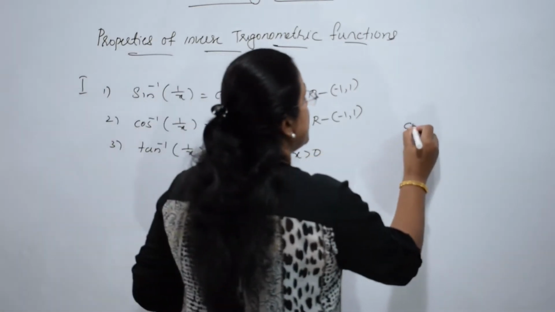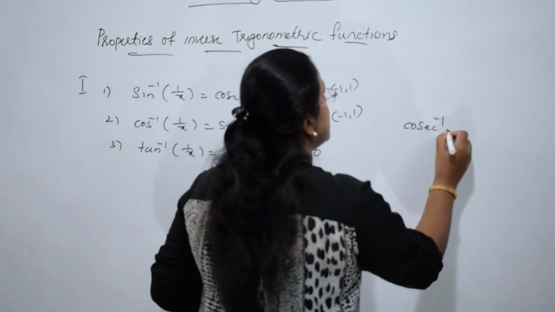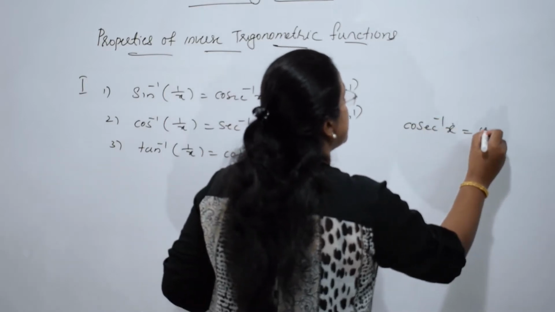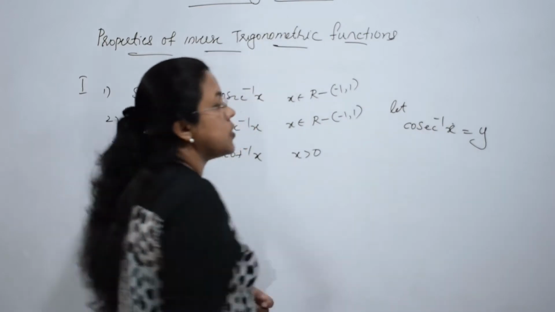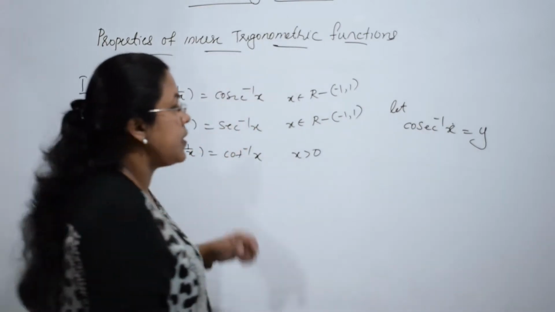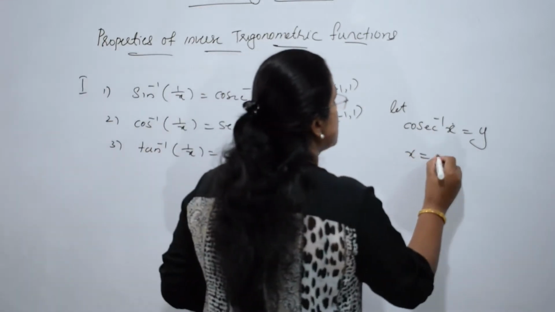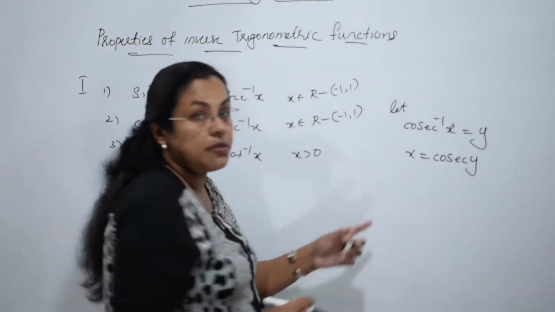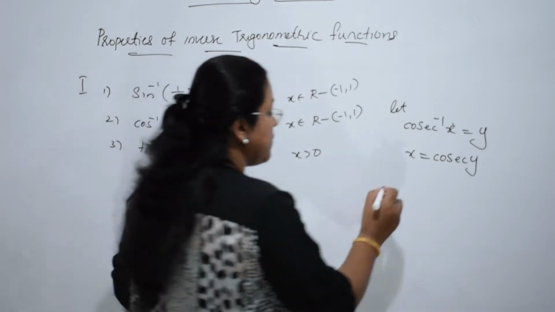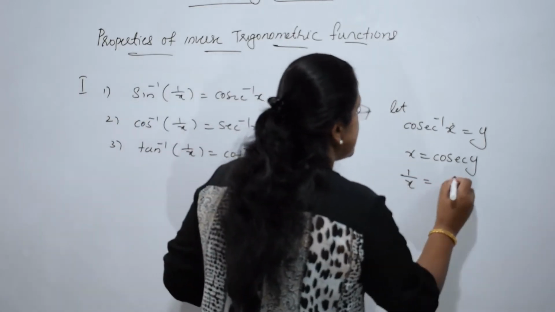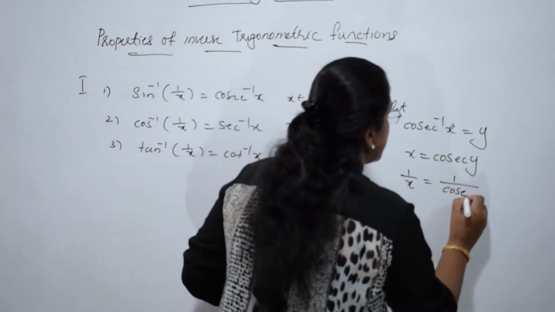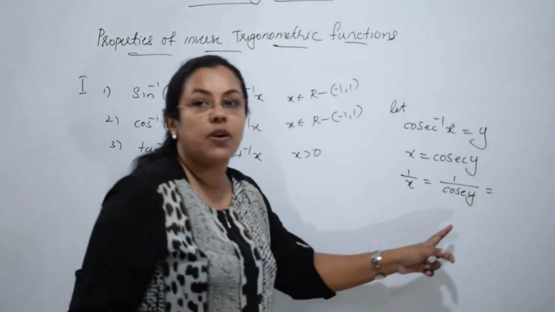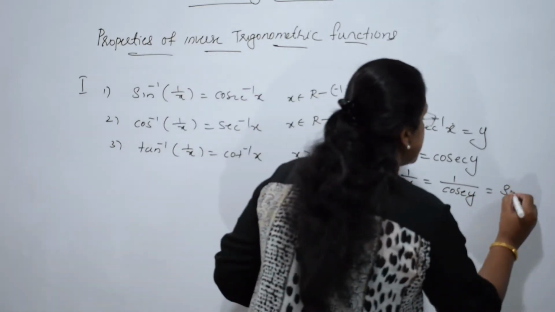For that, let cosec inverse x be equal to y. Then we know x is equal to cosec y. Taking reciprocals on both sides, we get 1 by x is equal to 1 by cosec y. 1 by cosec y is nothing but sin y, isn't it?